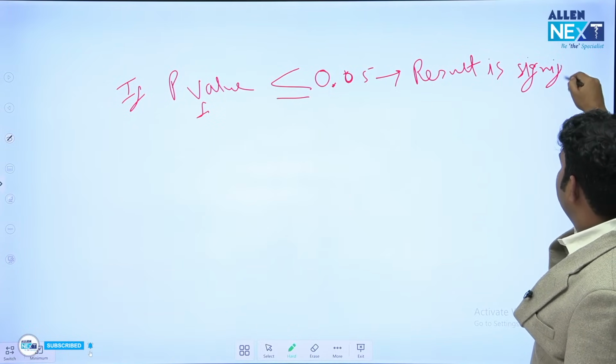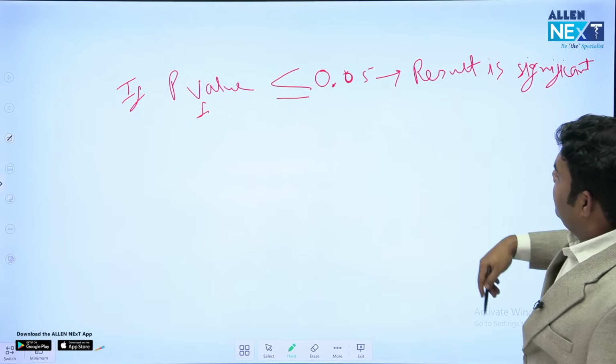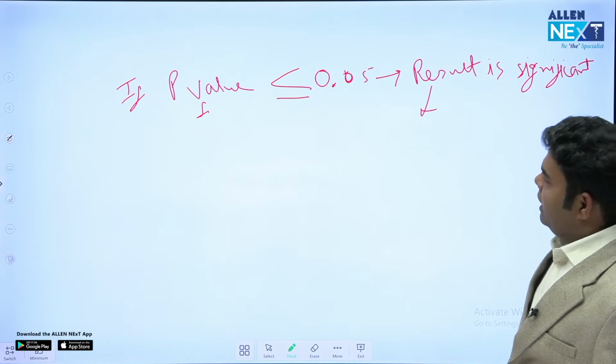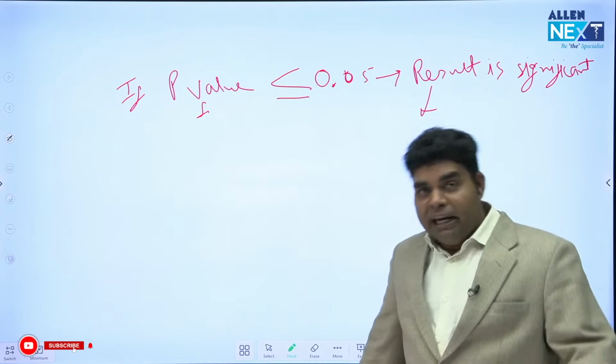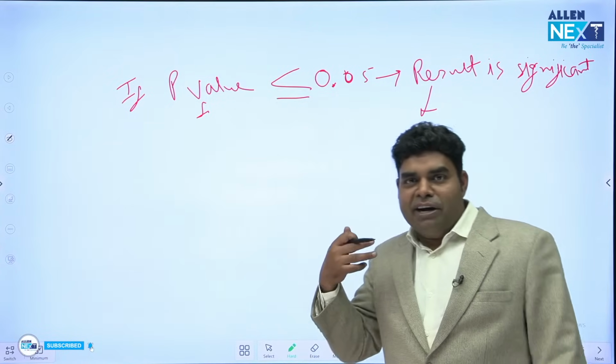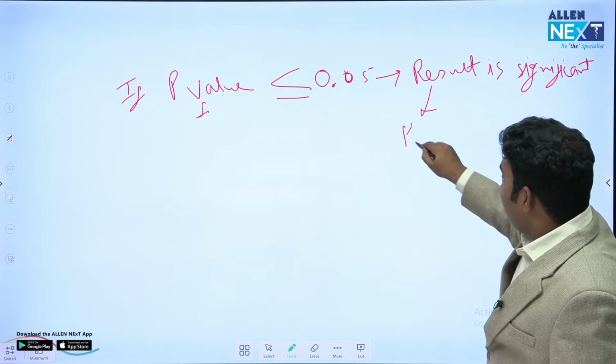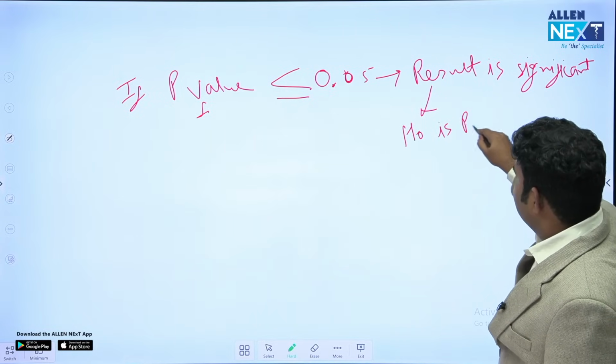Okay, that result is significant, and whenever result is significant, there is a null hypothesis which we created in the beginning, and we said that our medicine, our drug is useless. That null hypothesis is rejected.